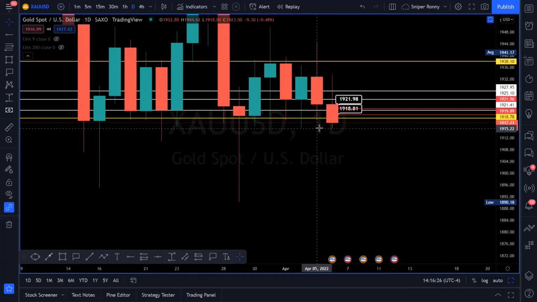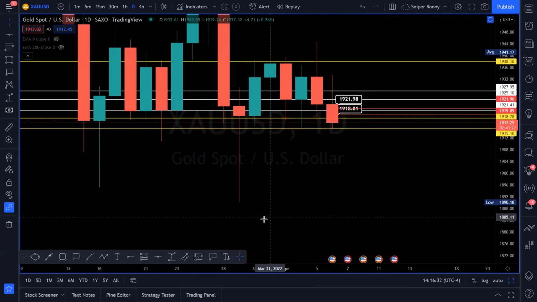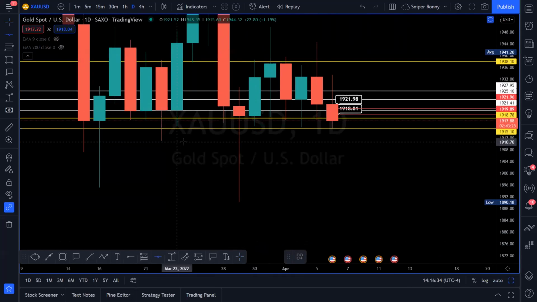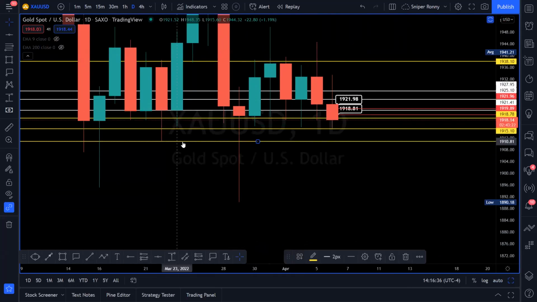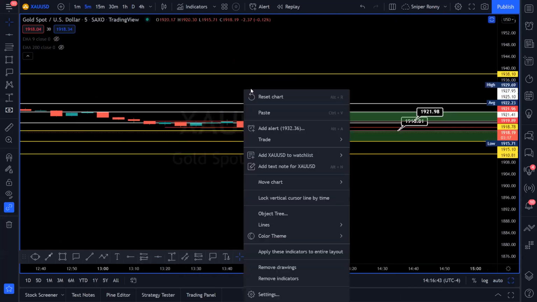Gold can drop, guys. It just dropped to 1915. If it breaks 1915 with this type of volatility, this thing can come down to 1910 and continue to push down. So that was a quick move.